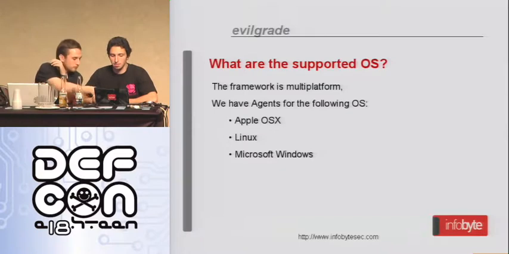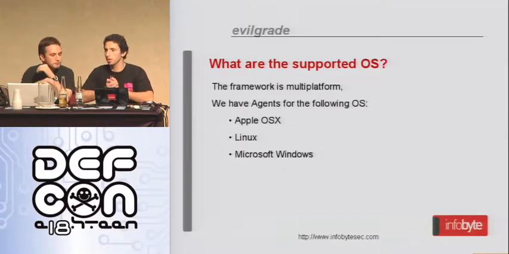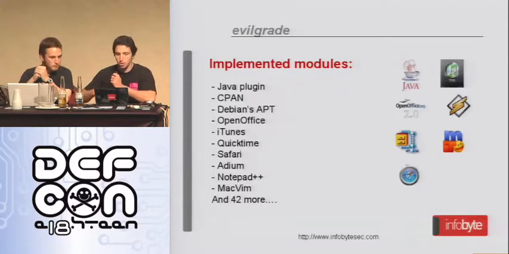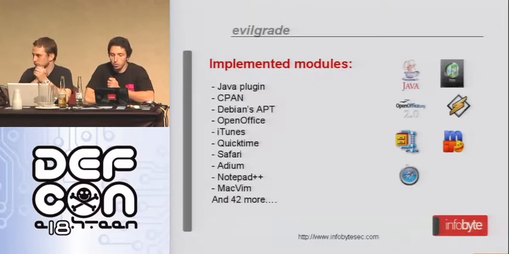The framework is multi-platform. Only the module has to attack the update process of the application you are going to attack. In this new version, the operating systems are Apple, Linux, and Microsoft. Some of the modules can attack the update process of the applications and of the operating system. These are some of the modules: Java, CPAN, Debian APT, OpenOffice, iTunes.